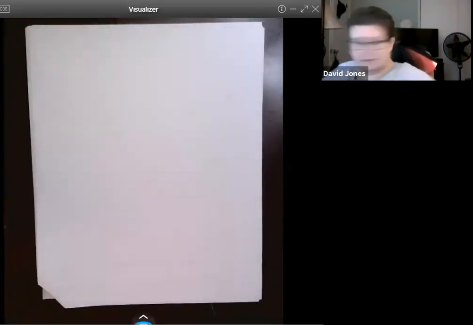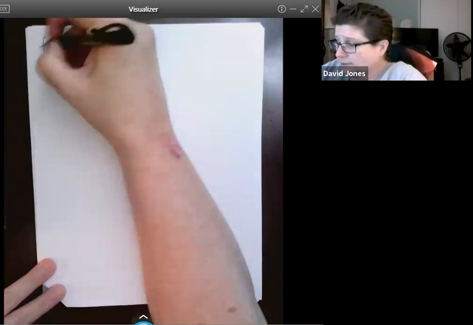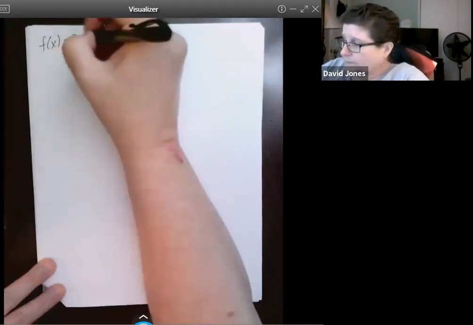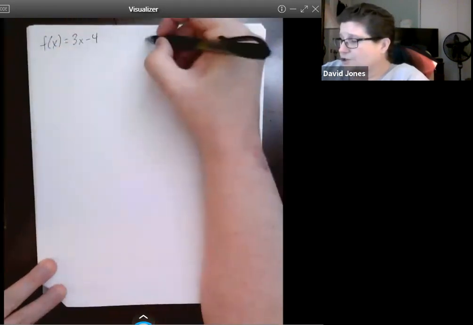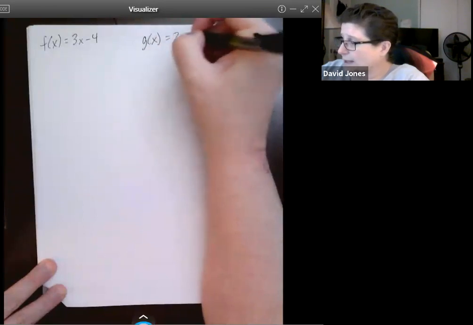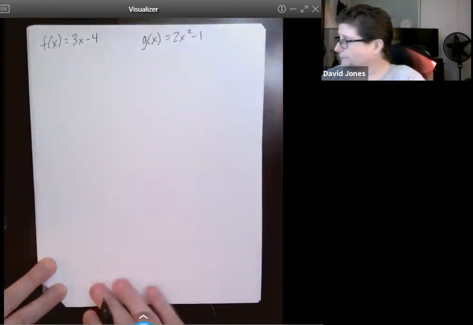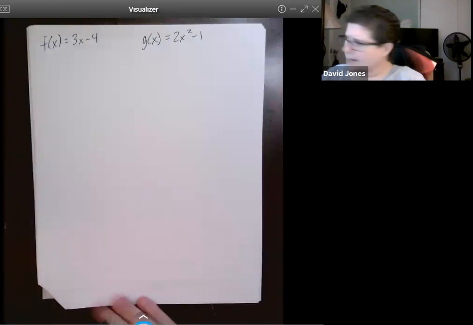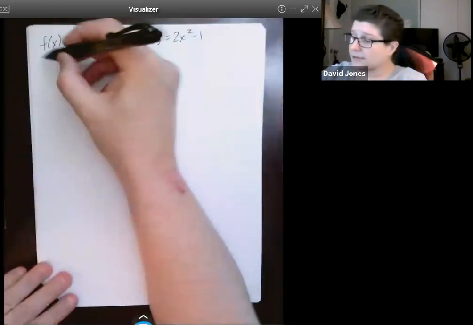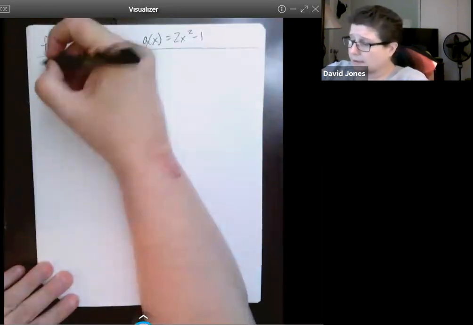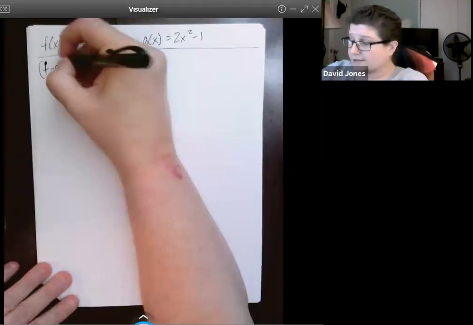I'm going to use the same ones. I had f of x equals 3x minus 4. And I had g of x equals 2x squared minus 1. And let's take a look at f minus g of x.